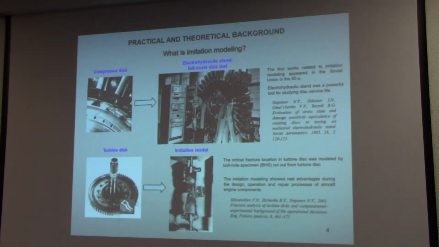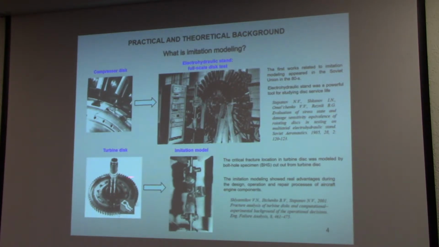Well, what is imitation modeling? The first works related to the imitation modeling approach appeared in the Soviet Union in the 80s. An electrohydraulic stand was a powerful tool for studying the disc service life.